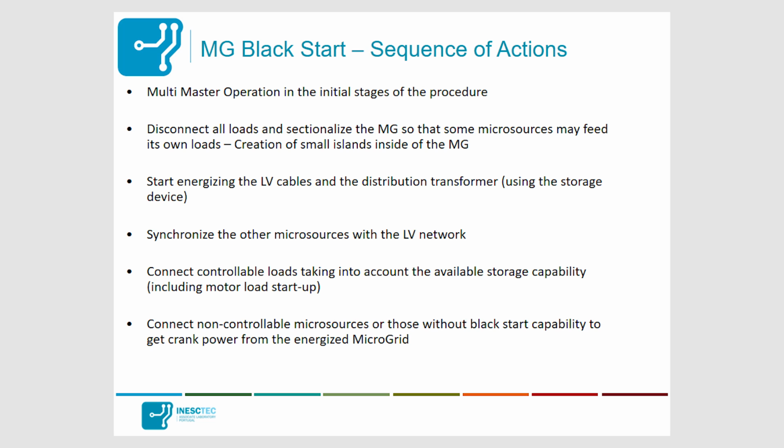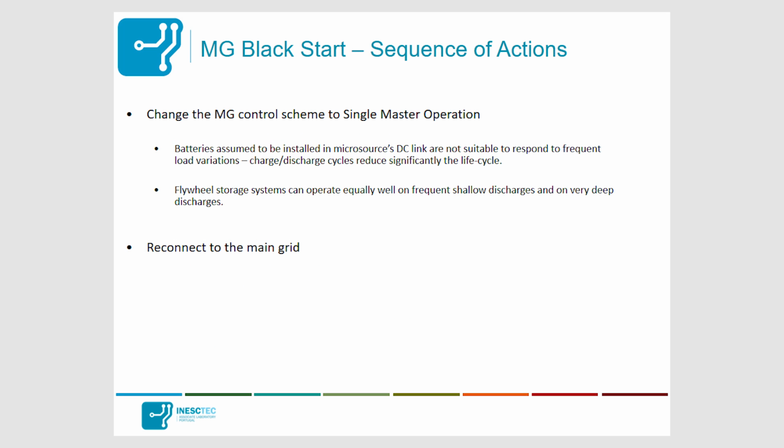Then, afterwards, start energizing the low voltage cables, synchronize with other microsources, connect controllable loads, and connect non-controllable microsources. So this is the sequence. And at the end, we can change the microgrid control scheme to a single master operation, and at the very end, make the reconnection to the main grid.